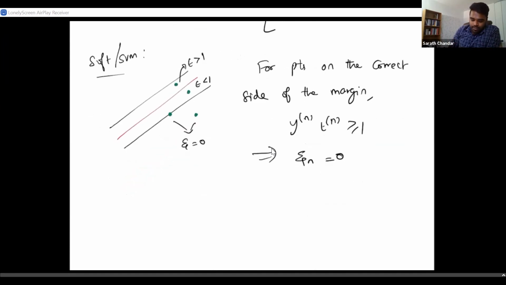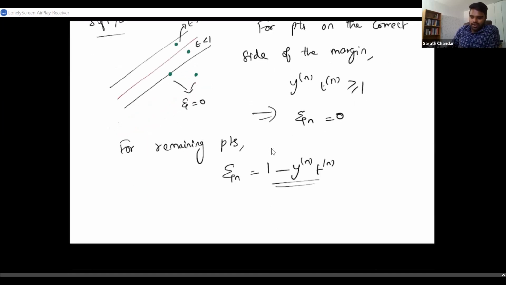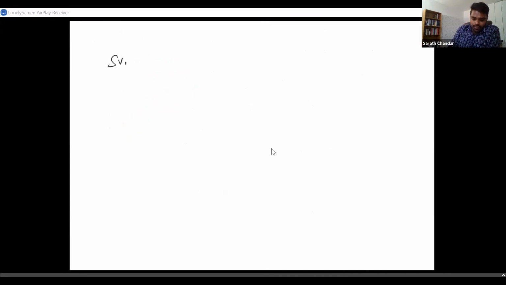Now for the remaining points, epsilon is non-zero. It is given by 1 minus y of n, t of n. So you don't have any slack if you're on the right side. If you're not on the right side, this is the amount of slack that you have.